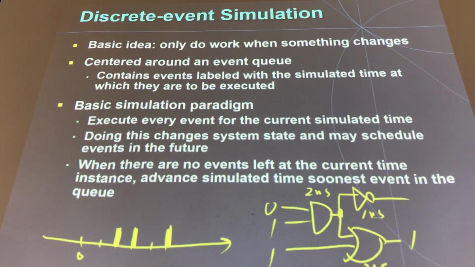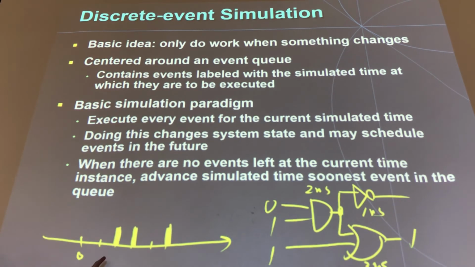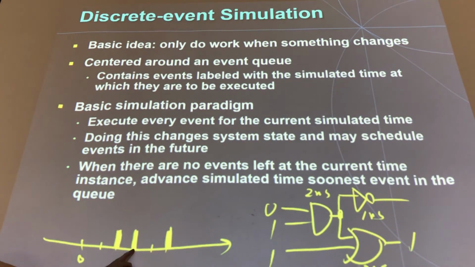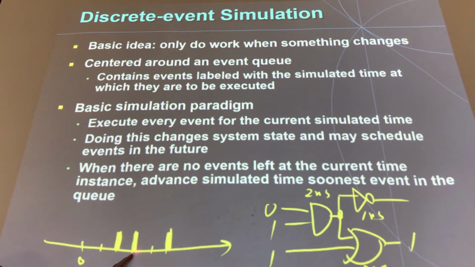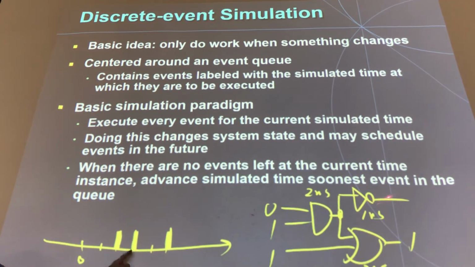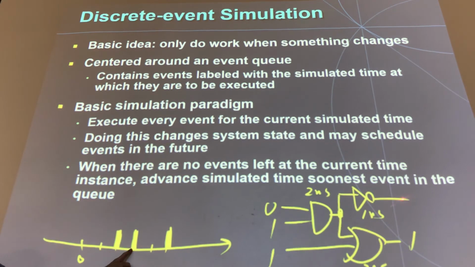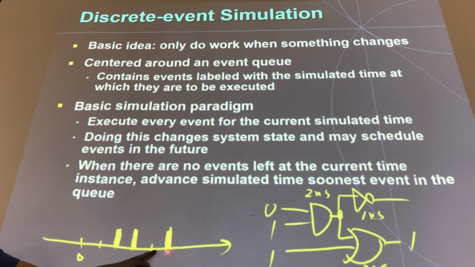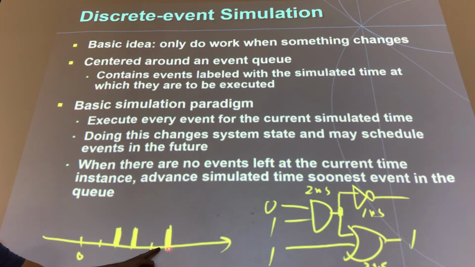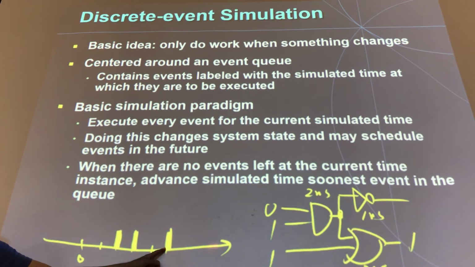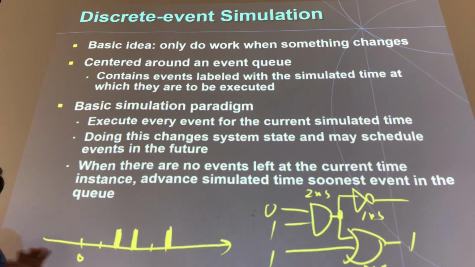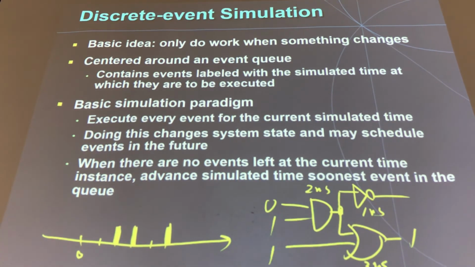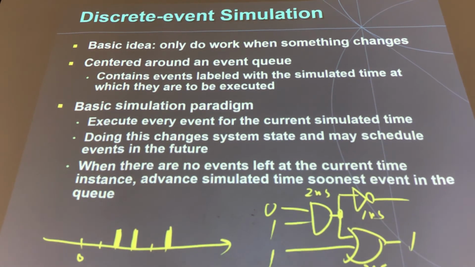Then the clock runs to here, and we do the simulation. After the inverter is done, there's no more new event. Then after 2 more nanoseconds, we do the simulation for the OR gate. After that, everything is done. No more events.